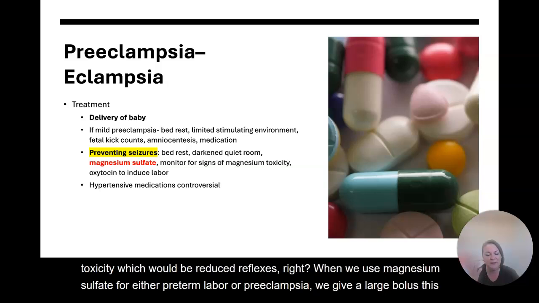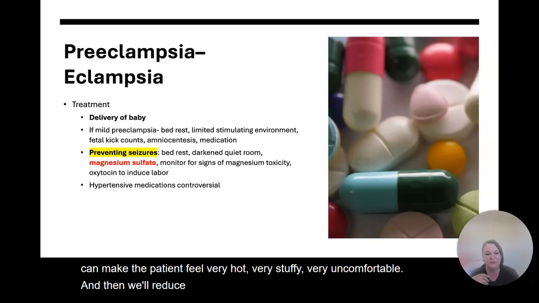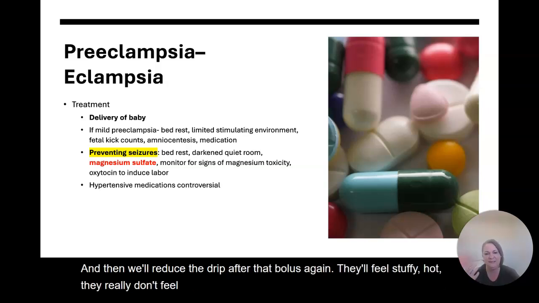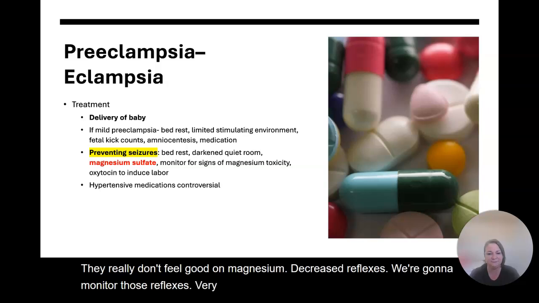This can make the patient feel very hot, very stuffy, very uncomfortable, and then we'll reduce the drip after that bolus. Again, they'll feel stuffy, hot. They really don't feel good on magnesium.